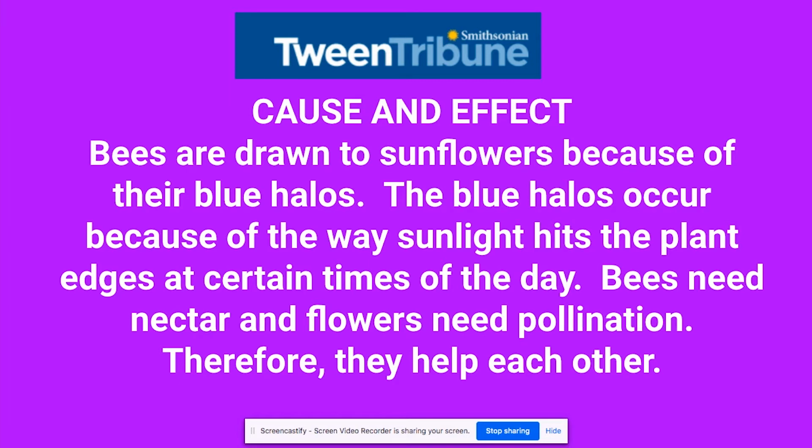The blue halos occur because of the way the sunlight hits the plant edges at certain times of the day. Bees need nectar and flowers need pollination. They help each other. So in this case, it's a cause and effect, and it works both ways because the flower helps the bee and the bee helps the flower. So you could see the arrow going in both directions.